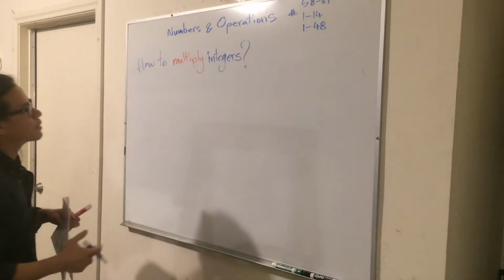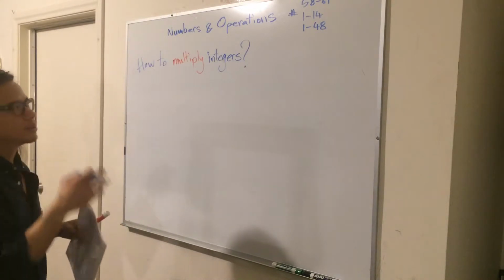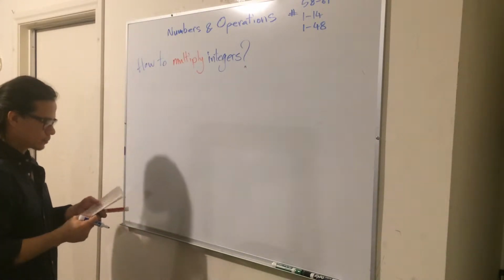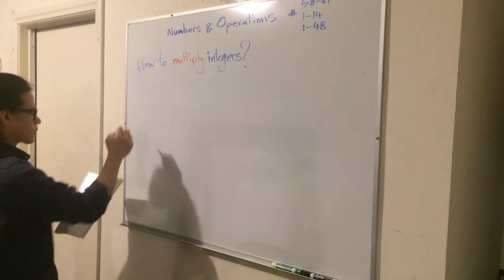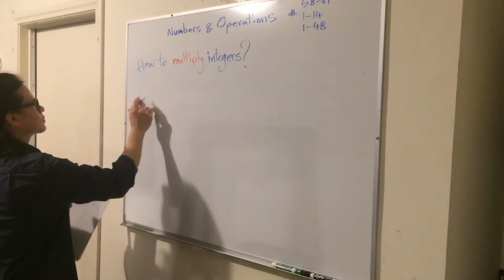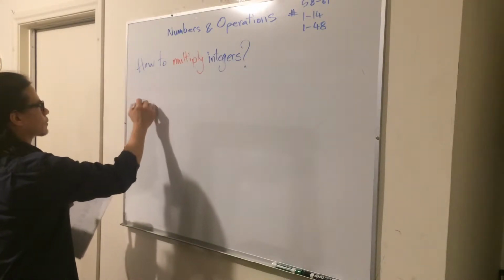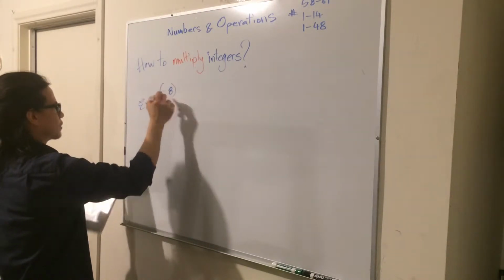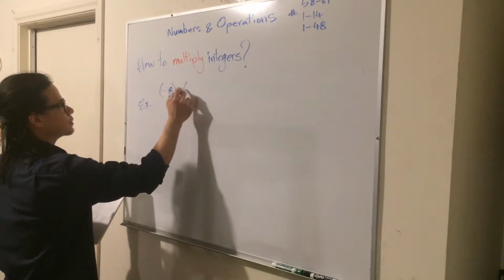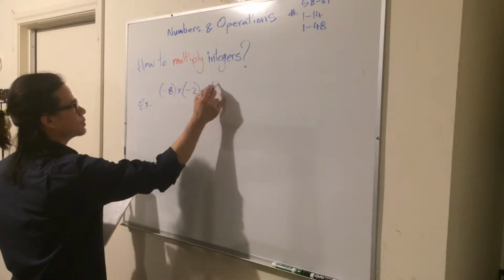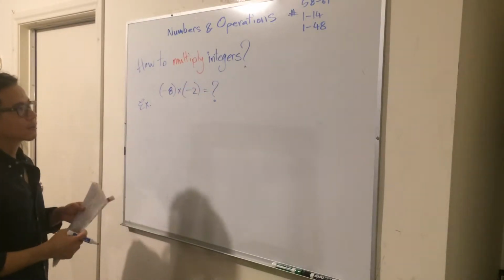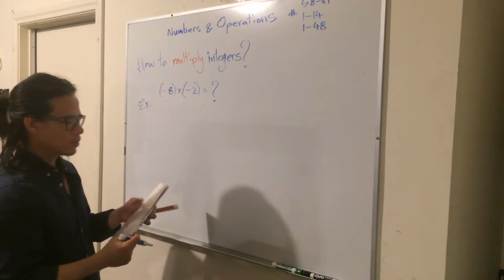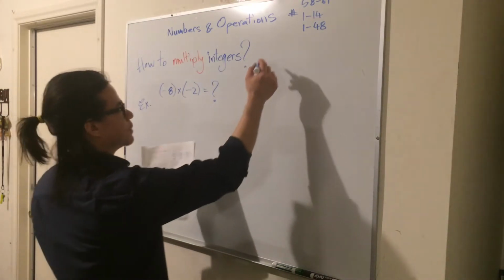Okay, remember integers are either positive or negative whole numbers. So for example, negative 8 times negative 2 equals what? Okay, just going to give you a couple rules to live by here.